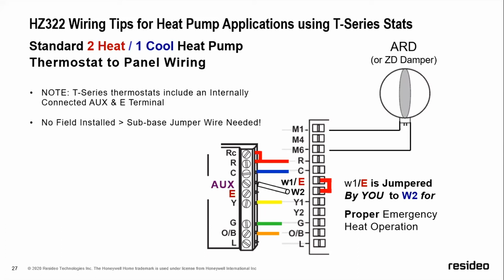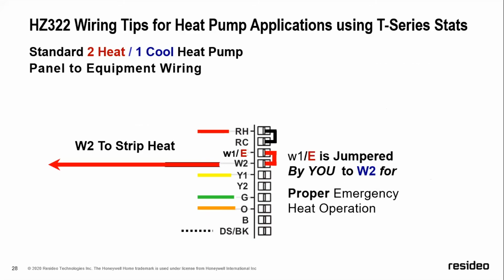Let's just say you bring it to the W2 auxiliary terminal. You've got to put a jumper in there to the EW1 terminal, because if you don't, the emergency heat's not going to operate properly. Okay, if you'll go to the next slide, please.